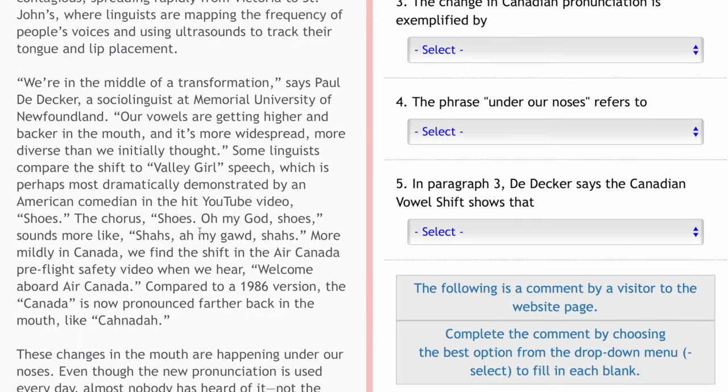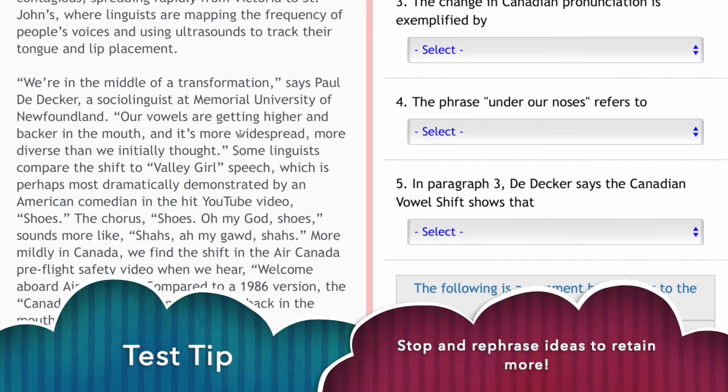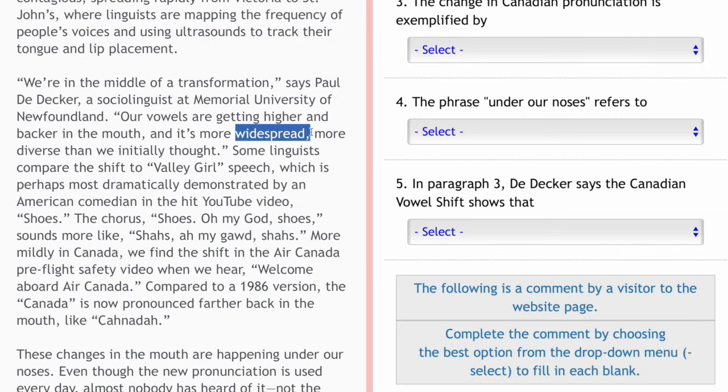Let's look at paragraph 2. We're in the middle of a transformation, says Paul de Decker, a sociolinguist at Memorial University of Newfoundland. Our vowels are getting higher and backer in the mouth, and it's more widespread, more diverse than we initially thought. So it's happening everywhere. Some linguists compare the shift to Valley Girl speech, which is perhaps most dramatically demonstrated by an American comedian in the hit YouTube video Shoes.